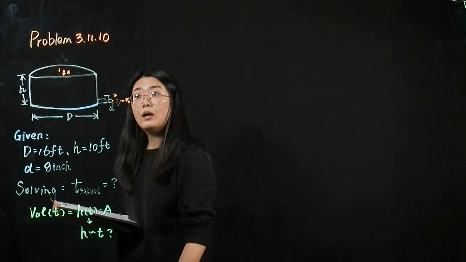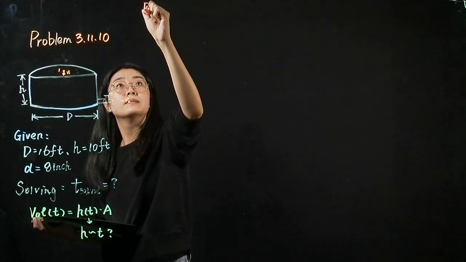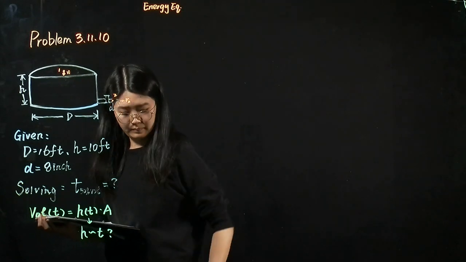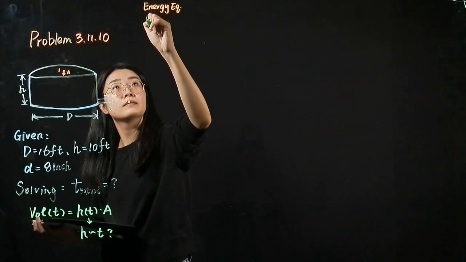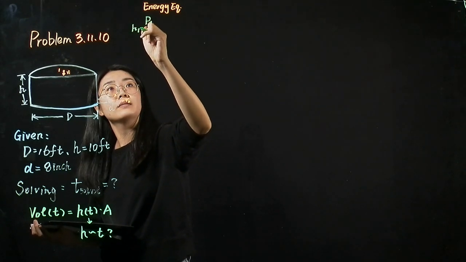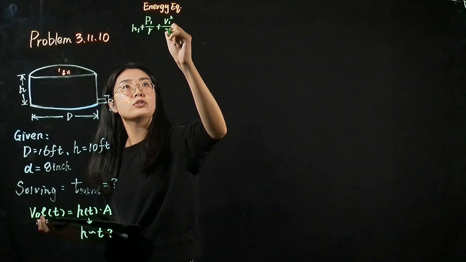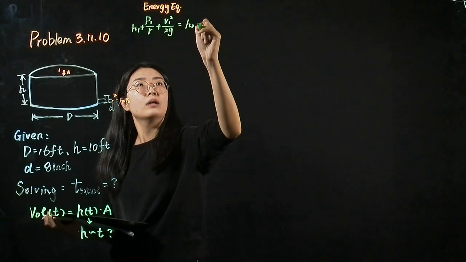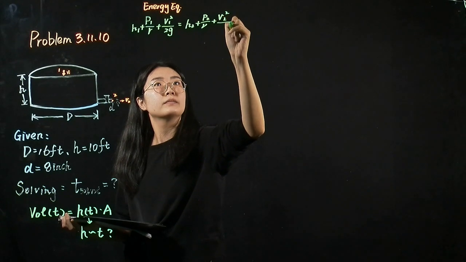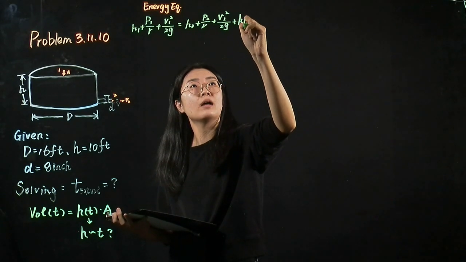For these 2 points, we can write down the energy equation: H1 plus P1 over gamma plus V1 squared over 2g equals H2 plus P2 over gamma plus V2 squared over 2g plus the head loss.